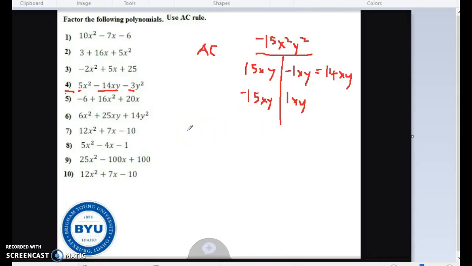So now that I've figured out how to divide this -14xy into two things that add up to it, I'm going to go ahead and rewrite the polynomial as 5x squared minus 15xy plus 1xy and then minus 3y squared.